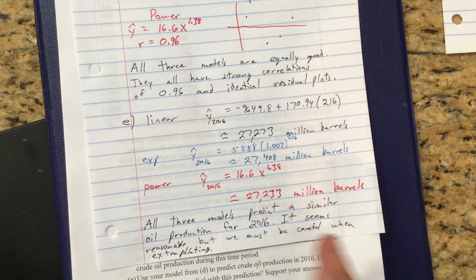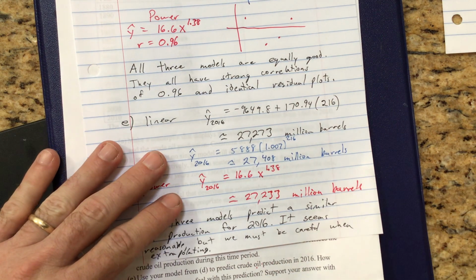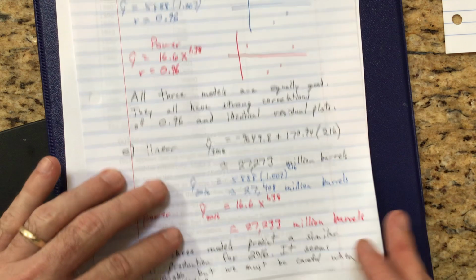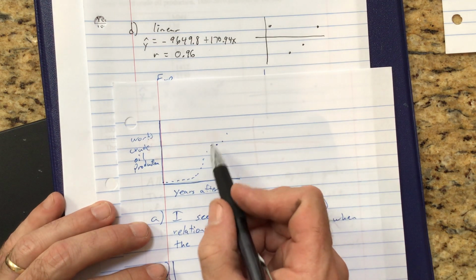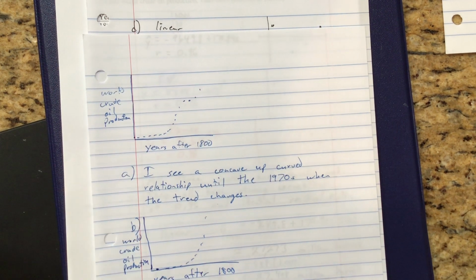Oh, one thing I forgot to even talk about, should have probably talked about it. If we went back to that original data and we said it changed right here in the 1970s. Hopefully you guys have a little bit of history under your belts. Think for a moment, why did the oil production change in the 1970s?